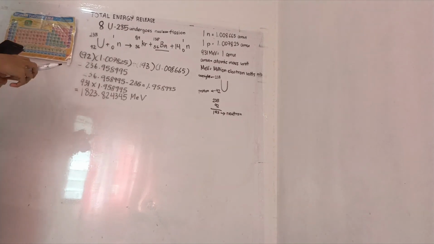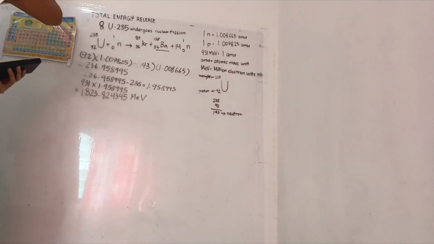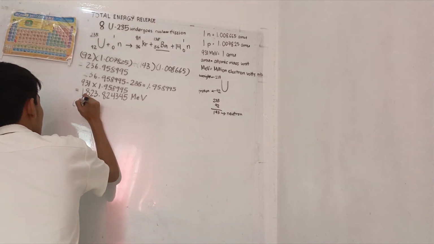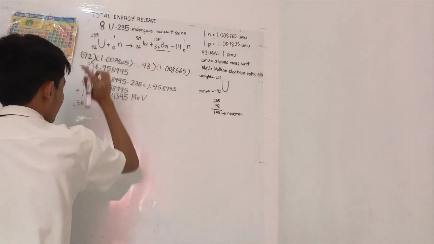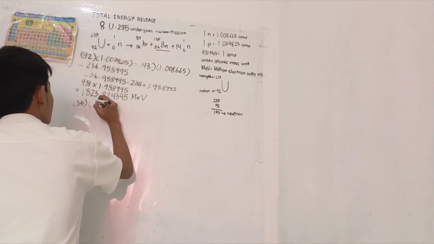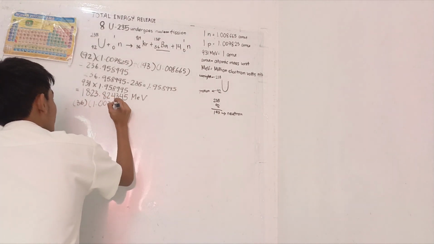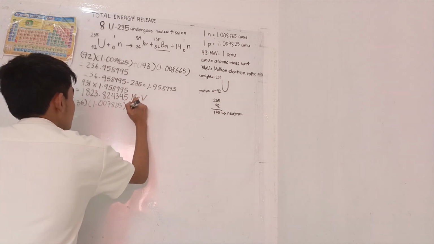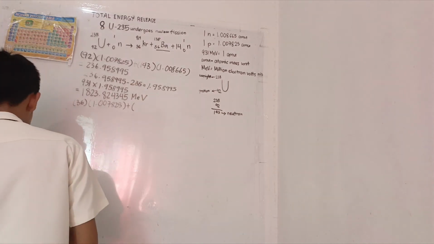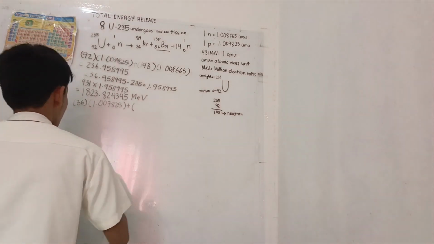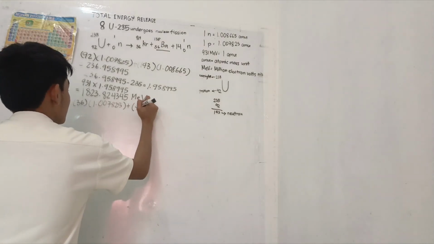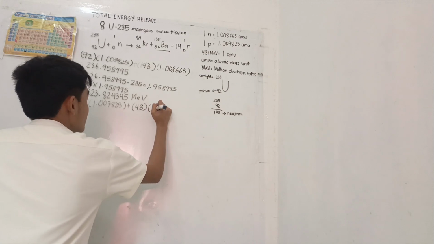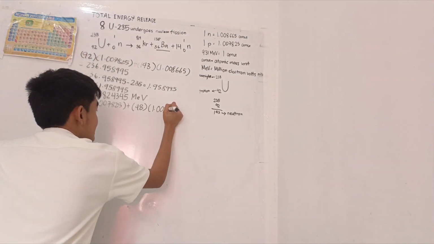Now, let us proceed in computing the krypton and barium. Sa krypton, same procedure lang, 36, yung atomic number or yung kanyang proton, times the conversion, 1.007825 plus 84 minus 36 is 48. Yun yung kanyang number of neutrons dun sa krypton element. Times the conversion, 1.008665.